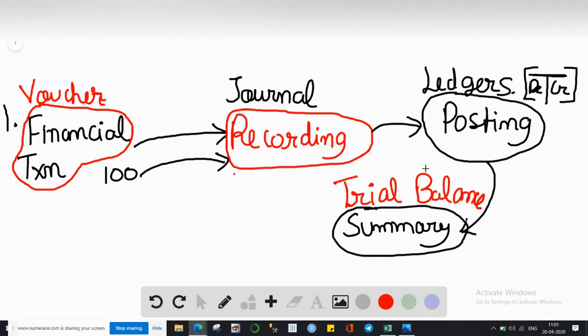Like we have names of the accounts, and against that the amount has been written to reflect the debit or credit balance of every account. Followed by that, we have a final step of financial statements.